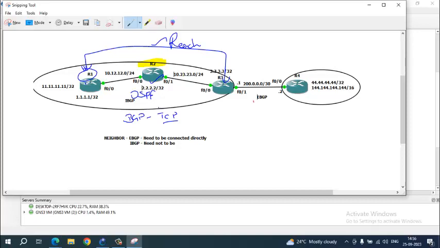Now there is a question arising in your mind when I say this. What is that? Why is BGP so necessary now? Why do I need to have BGP if OSPF is already providing reachability between R3 and R1?